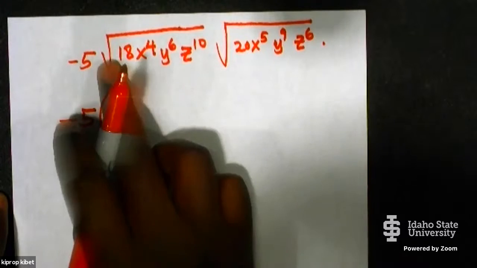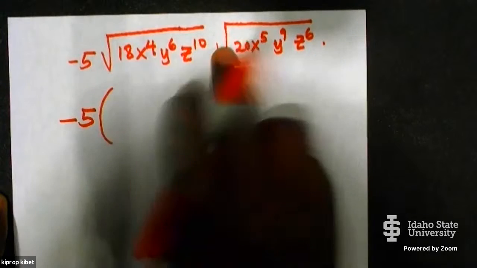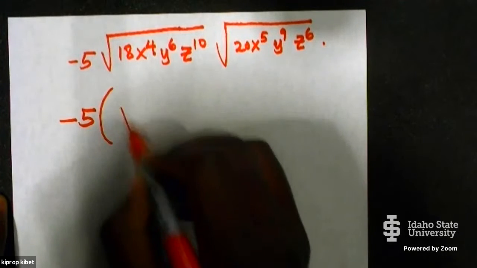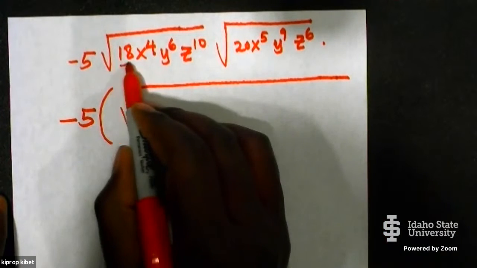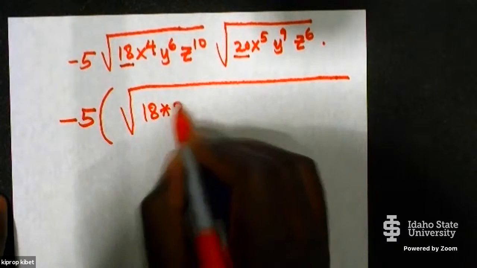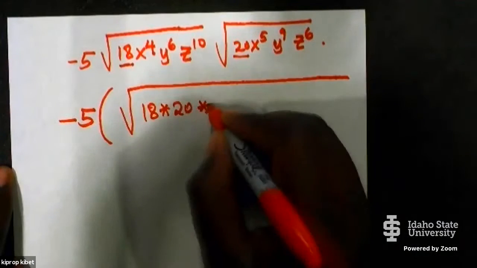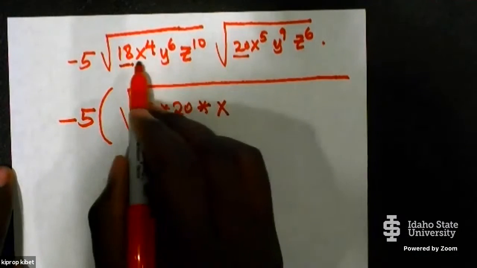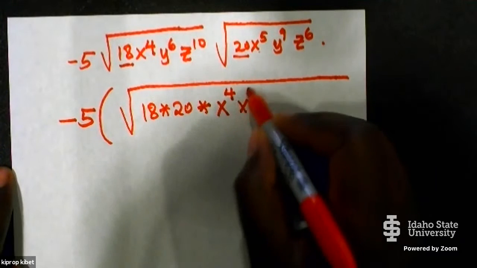The roots are the same, okay? So this is similar to the square root of all of it. You can take this 18 and 20 here. So 18 times 20, multiplied by x. The values of x are 4 here, and another x here is 5.